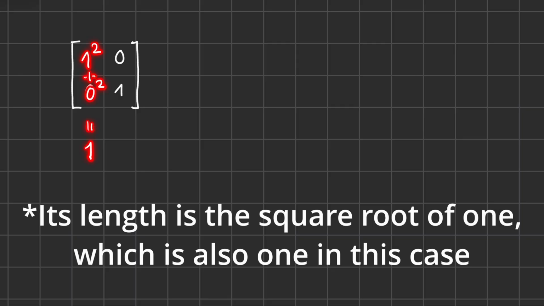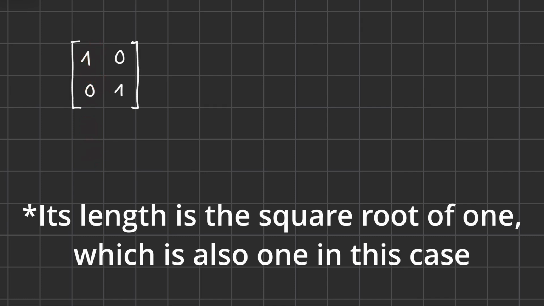This matrix here, which is just the identity matrix itself, is an orthogonal matrix. Now you can multiply it with its transposed, but another way to tell whether it's orthogonal is to check whether the two properties hold. All of its columns have to have length 1. So in this case, if we square each of its entries, 1 squared plus 0 squared, we get 1, so its length is 1.